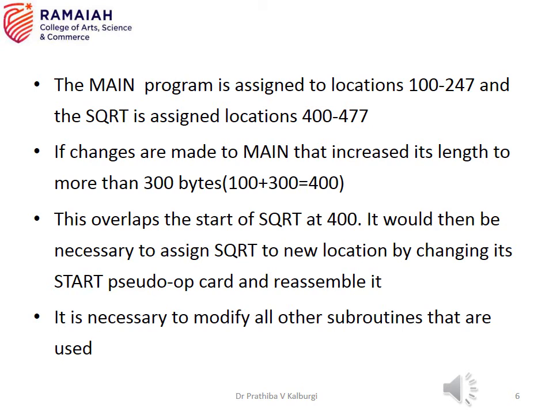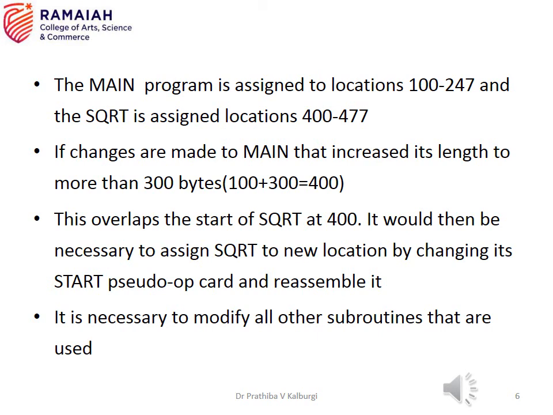So it will be necessary to assign the square root program to a new location by changing its start pseudo-op and then reassembling it. Therefore, it would be necessary to modify all other subroutine programs that refer to the address of the square root.